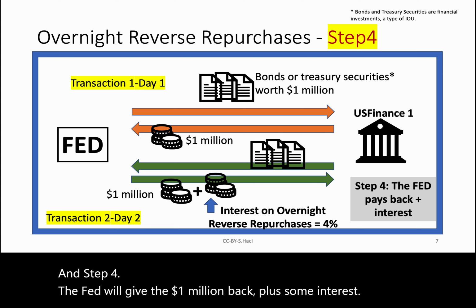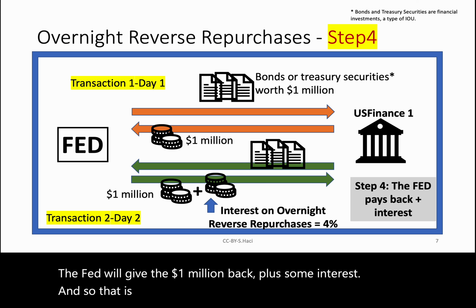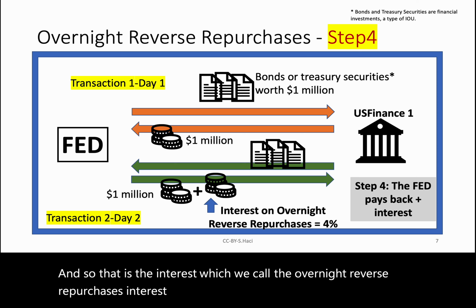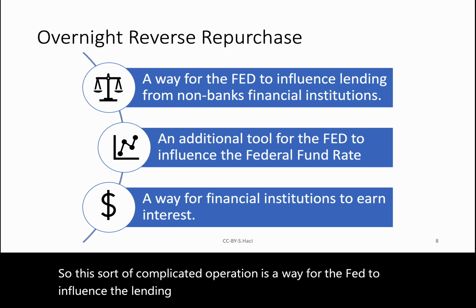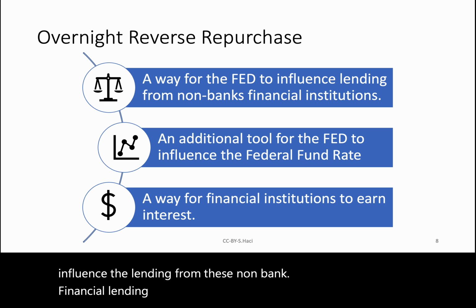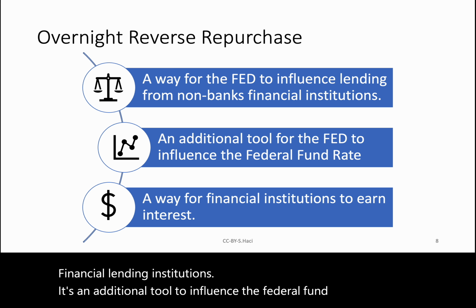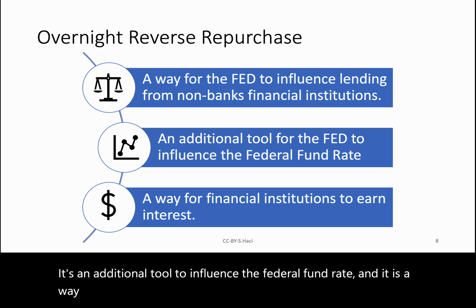And so that is the interest, which we call the overnight reverse repurchases interest, ORR interest rate. Okay. So this sort of complicated operation is a way for the Fed to influence the lending from these non-bank financial lending institutions. It's an additional tool to influence the federal fund rate, and it is a way for these financial institutions to earn some interest.